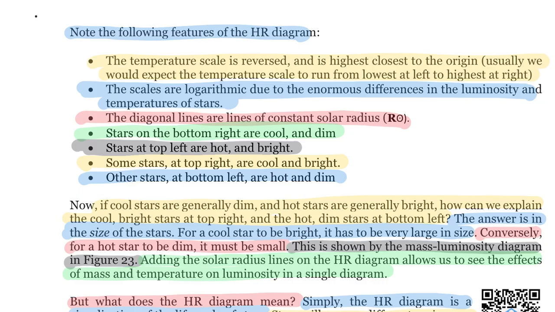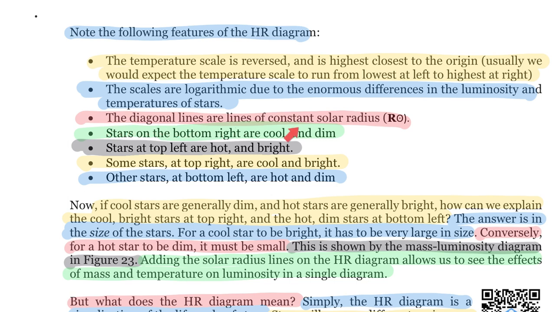So just very quickly, let's summarize that the following features of the HR diagram are important to take cognizance of. That the temperature scale is reversed, as we've mentioned, highest closest to the origin, and coolest furthest away from the origin. The scales are logarithmic due to the enormous differences in the luminosity and temperature of stars, which means it's not linear like we would normally use in school.